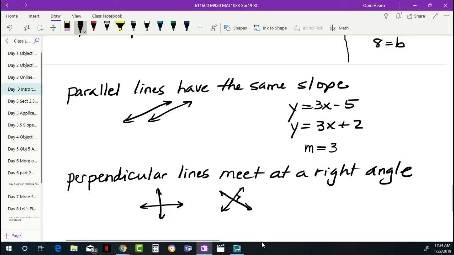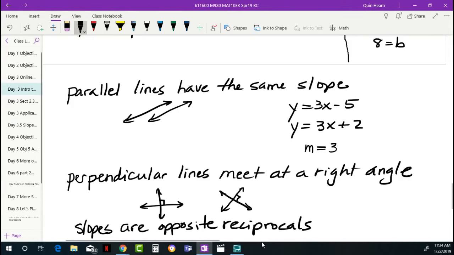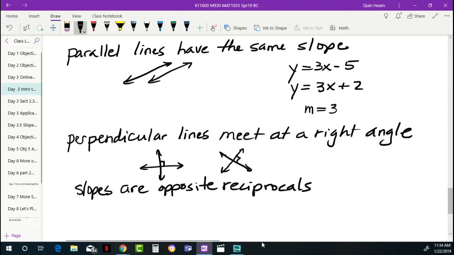They meet at a right angle, and their slopes are opposite reciprocals. Opposite meaning if one is positive, the other one must be negative, and reciprocals meaning that if they're in the form of a fraction, if you flip it over, one is the same as the other.